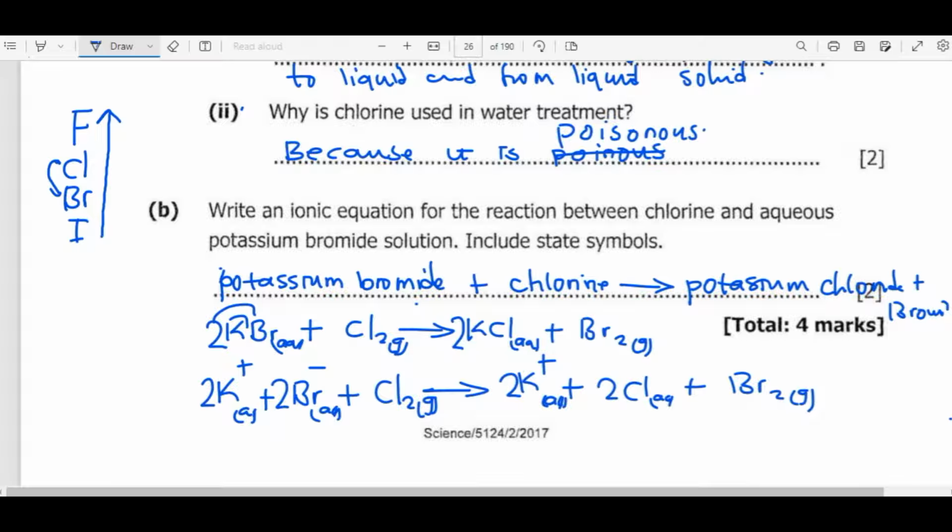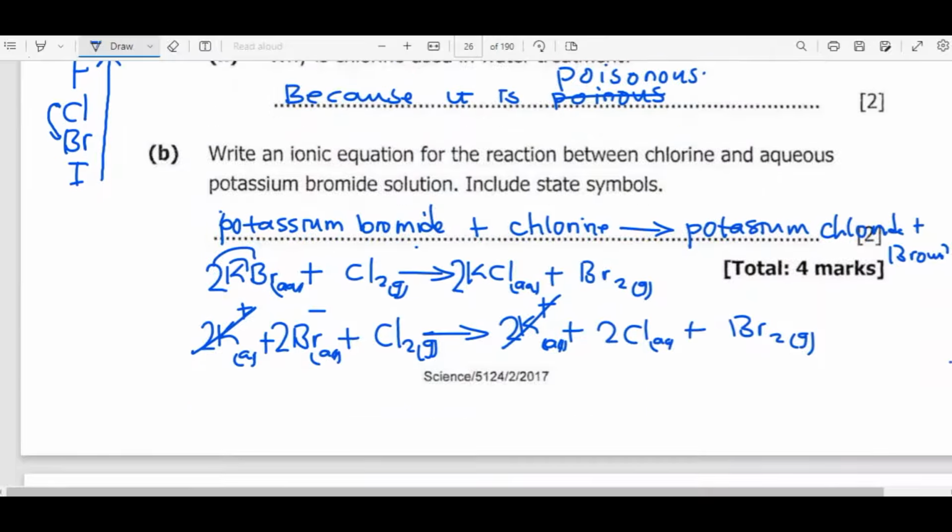Okay, then what are we going to do? We have the overall ionic equation. So what we just have to do here is cancel the spectator ions, which are ions that have the same state, the aqueous state, on both sides of the equation. So potassium is a spectator, then the rest are those that are involved.